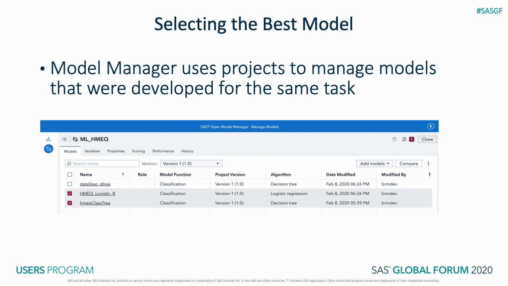One of the key features of Model Manager is its model comparison. This lets a user compare multiple models to view the training analysis side by side. Here we have selected a Python decision tree model to compare with an R model using logistic regression.